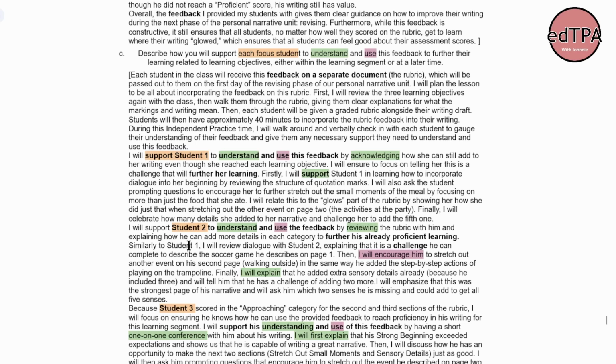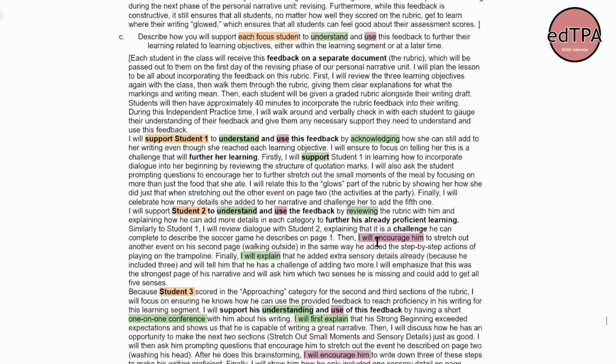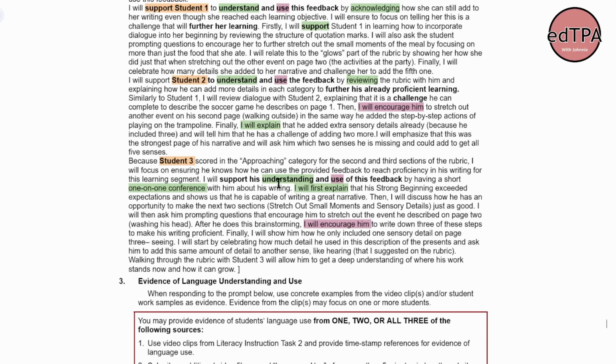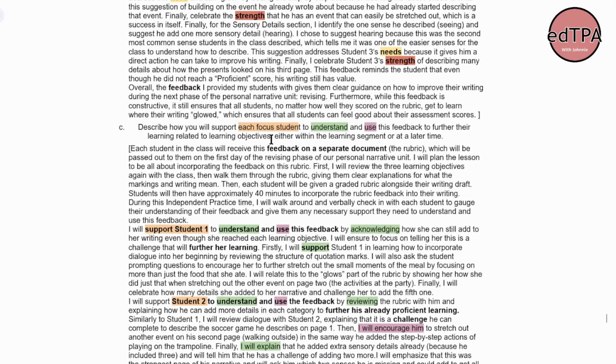And then it's focus student 2, understand and use. Here's the support for understanding and then how it might be used. Focus student 3, how the student would be supported to understand the feedback and how they would be supported to use the feedback. So this one's all about helping each focus student to understand and to use the feedback.